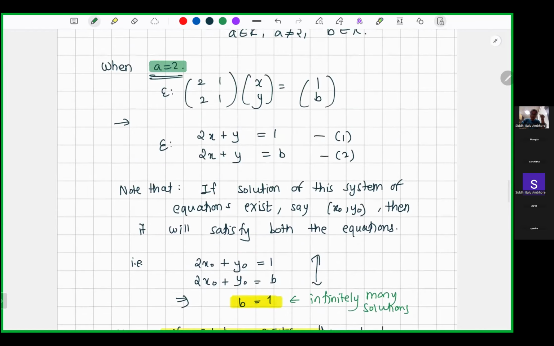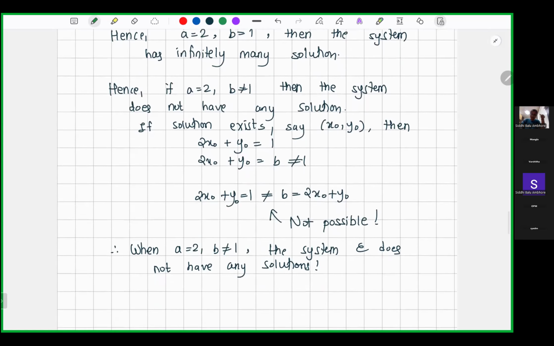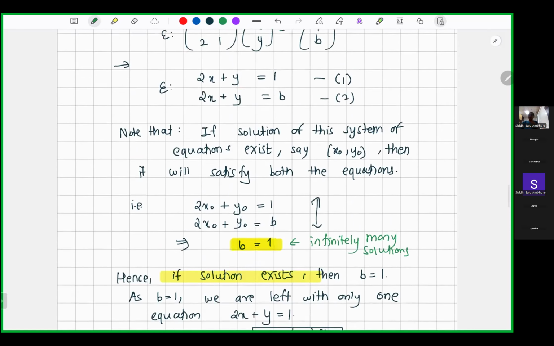And when A was 2, but B was not equal to 2, this case is the no solutions case. Okay.